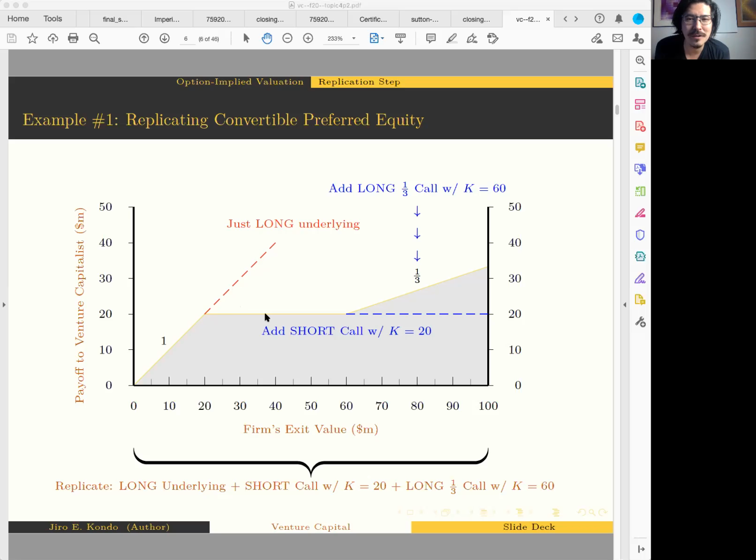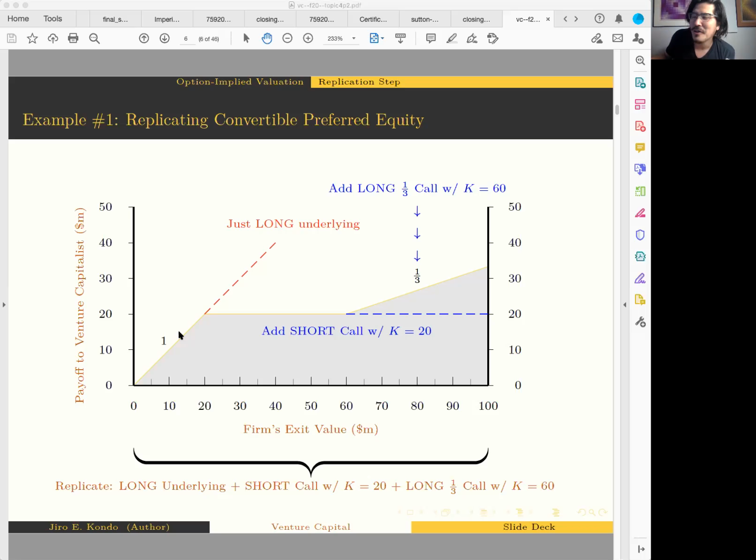There's one. Why do I hold underlying? I hold underlying to match my initial slope. Because my initial slope is 1, I buy 1 unit of the underlying. If my initial slope was 0.5, I would buy half a unit of the underlying. If my slope was somehow 1.7, it's never going to happen, but if it was, I would buy 1.7 units of the underlying.